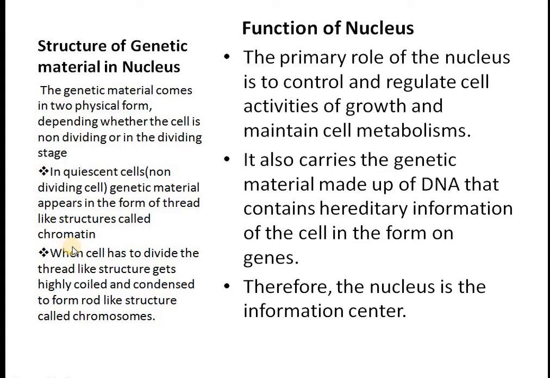These thread-like structures are called chromatin. Now, if the same cell has to undergo division, these thread-like structures will get highly coiled and condensed and will become rod-like in structure. These will be called chromosomes.